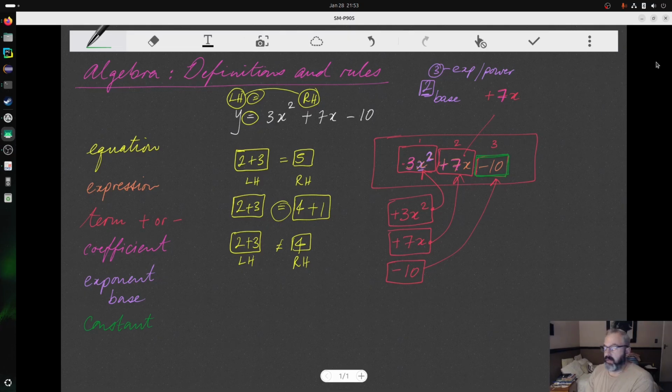And I refer to it as the constant. If we go and have a look at this term again, the plus 7x, can you see that I'm multiplying the 7 with an unknown placeholder? A placeholder, a letter, the letter x, that I don't know the value of yet. So it can change.